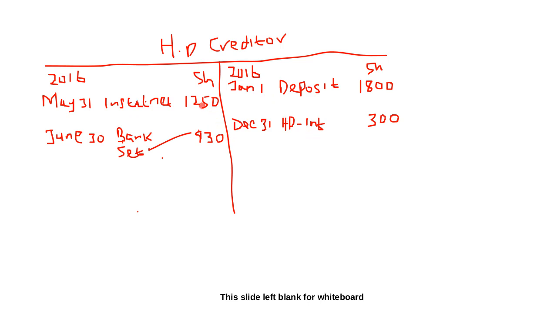I want some of you to add the totals for the debit side and the totals for the credit side. Debit is 2180, credit is 2100. So we have a difference of 80. That difference is the hire purchase interest penalty.